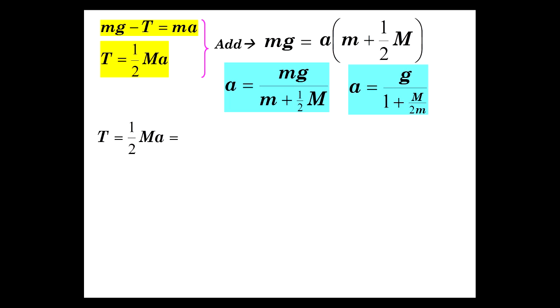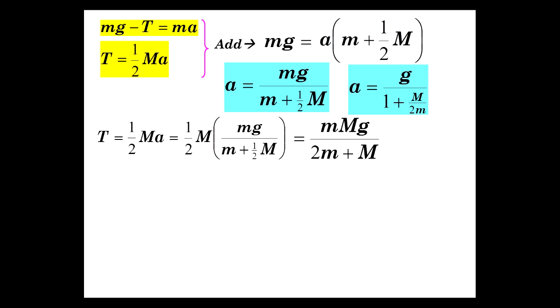Now tension is 1/2 Ma, just bringing this down. So let's go ahead and take 1/2 of big M times a. Well, I'm going to go ahead and use this expression for a reason. So here it is. And when we multiply that, we get little m big M g over 2m plus big M. This can also be written as, if you take 1 over little m times 1 over big M over 1 over little m times 1 over big M, you get this reduced down to a single big M and little m.